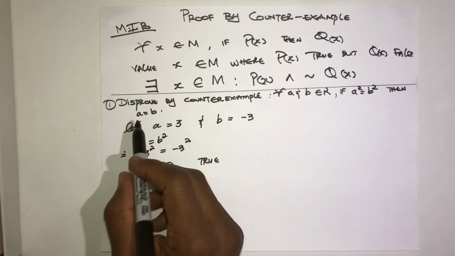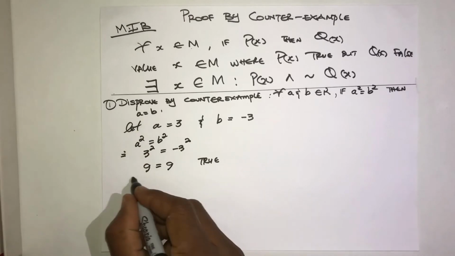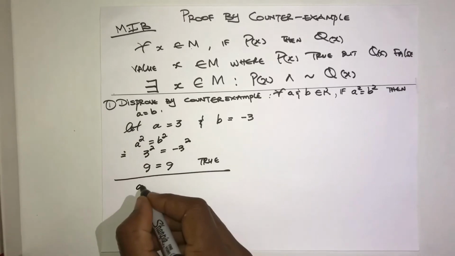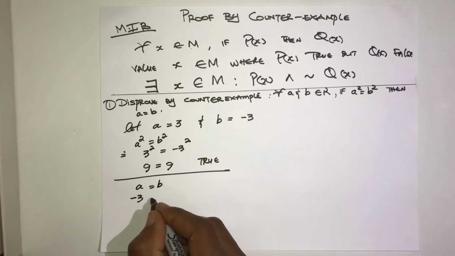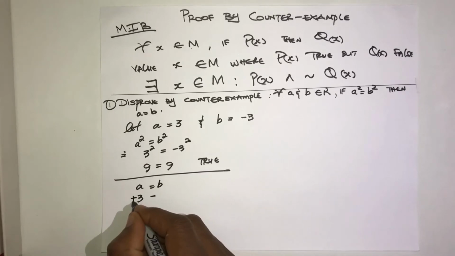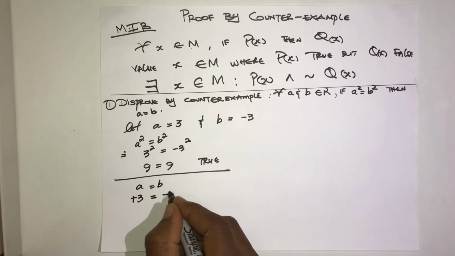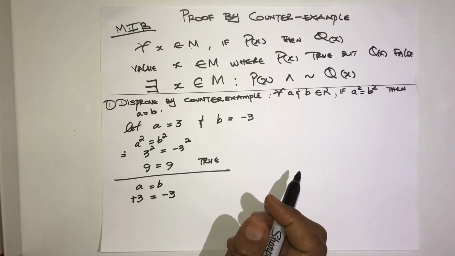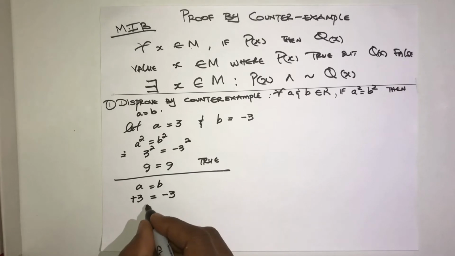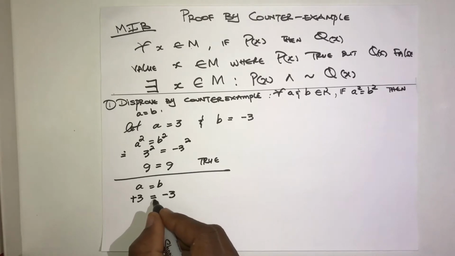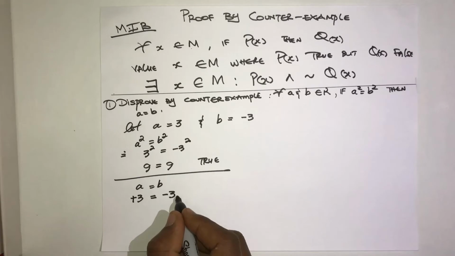But in terms of a equals b, this would be positive 3 equals minus 3. However, this statement is definitely not true.